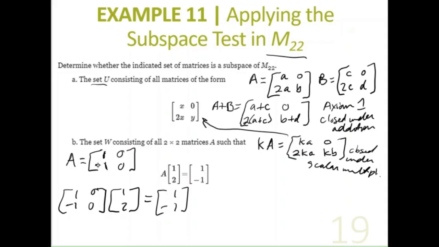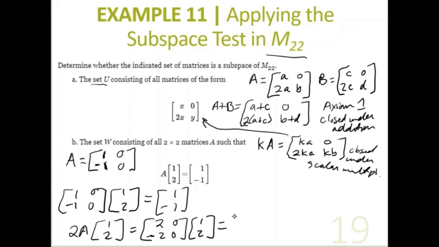However, we don't want to assume that just because this one particular example of A fit, that they all will, because then they go on to show you that if we have a multiple of A, like 2A, is that going to fit this form? So here, 2A times [1, 2] is going to equal [2, 0; -2, 0] times [1, 2].